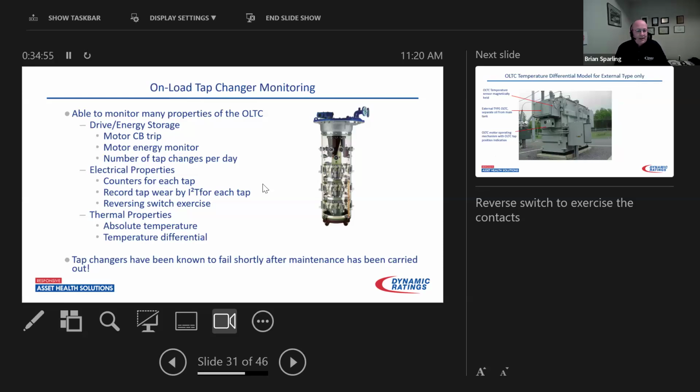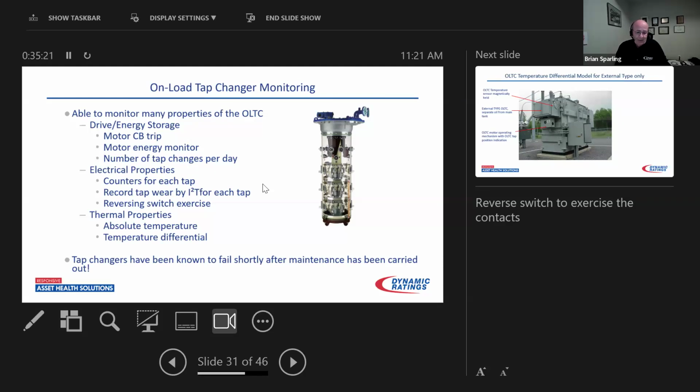We talk about tap changers, and I have been familiar with that vibroacoustic technology for some time. So again, this is the only mechanical moving piece that we see on a transformer other than a fan motor or a pump motor. But it's still quite important to understand that this is functioning properly.